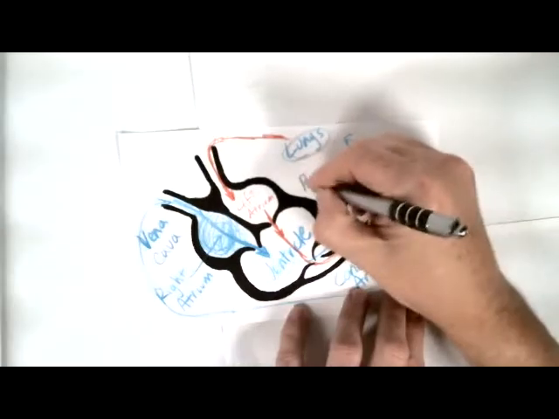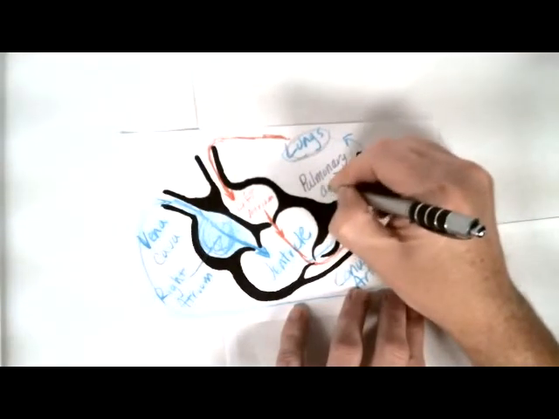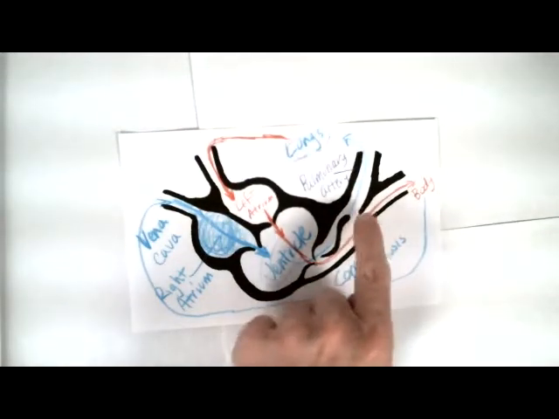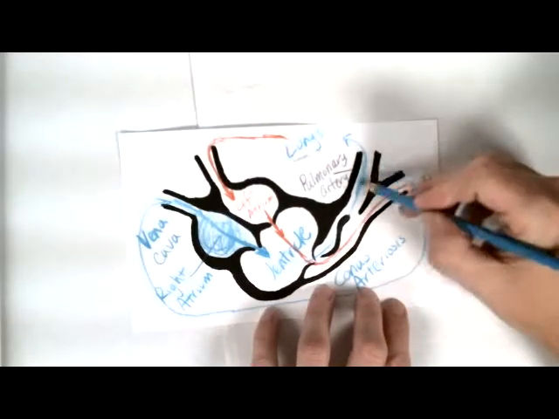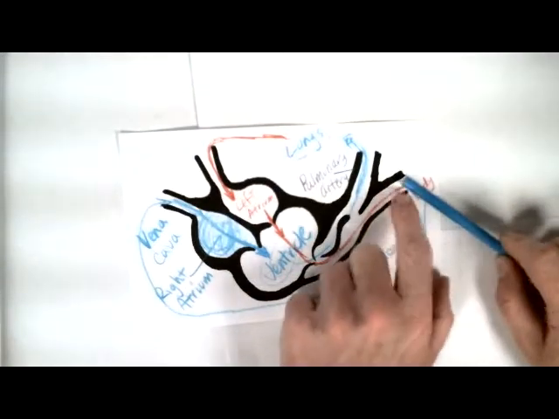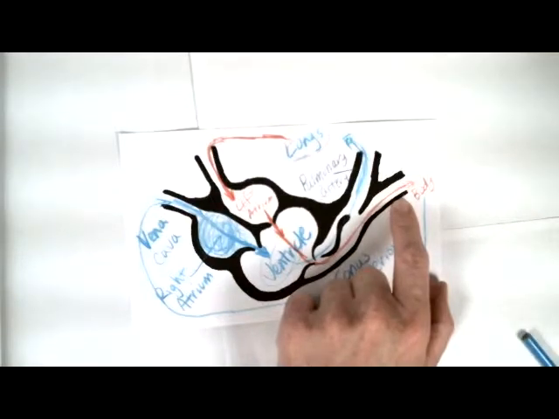The pulmonary artery. It's an artery that is going away from the heart, but it has deoxygenated blood in it. This vessel here is just going to be an artery. You don't need to know the big fancy name for that one.